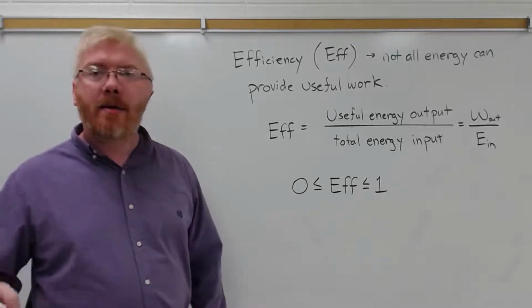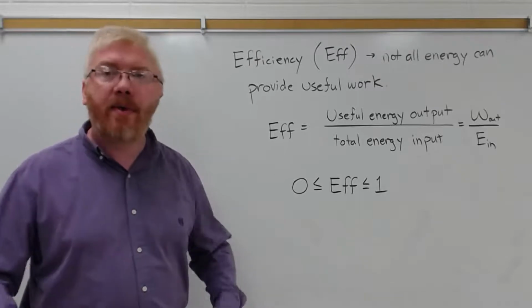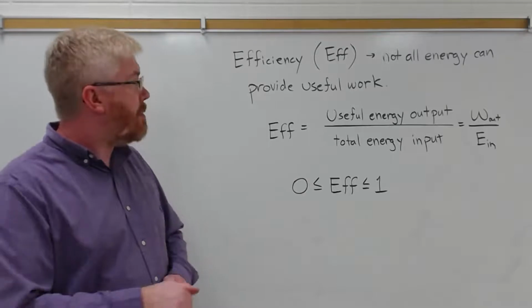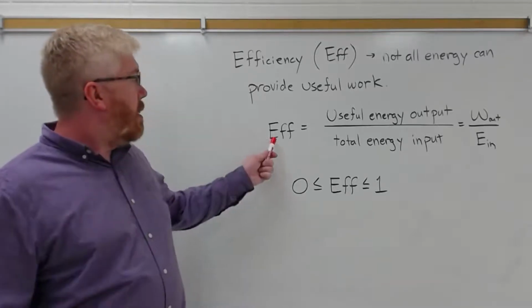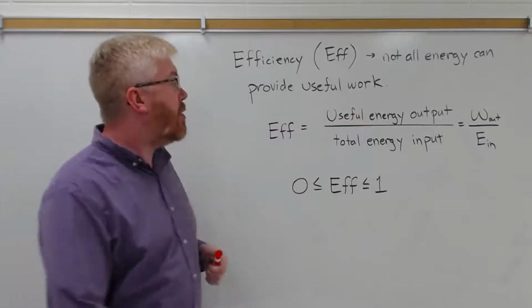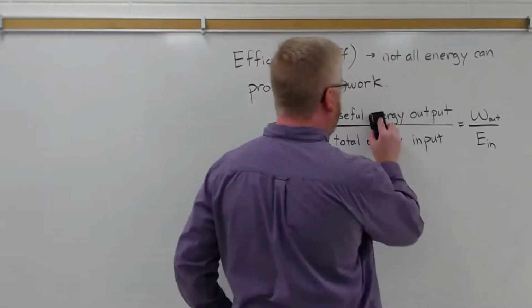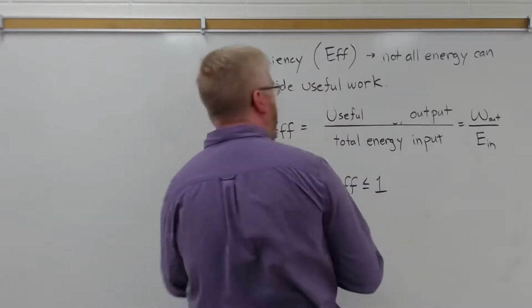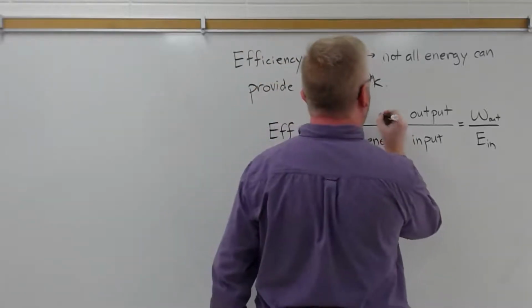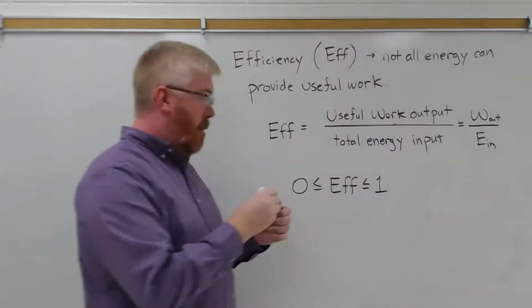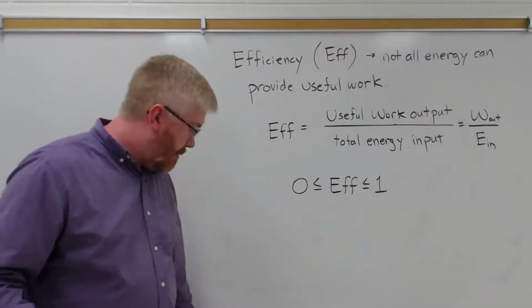But this excess heat, we wear clothing in order to maintain our body temperature at around 98.6. So the efficiency here is just the useful energy, useful work output, my apologies, useful work output over the total energy input.